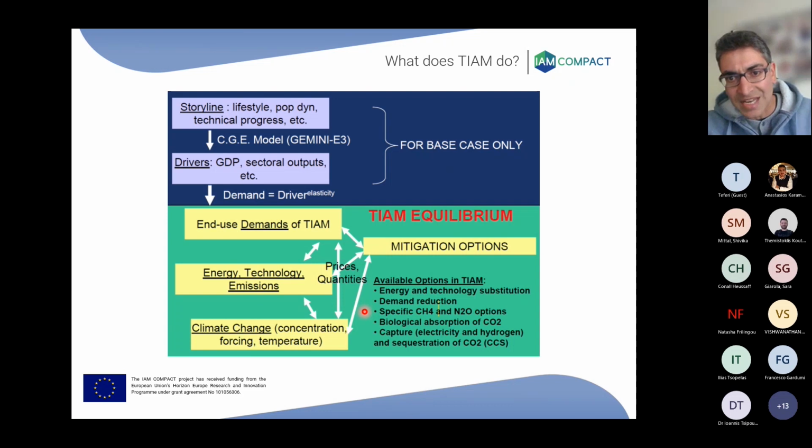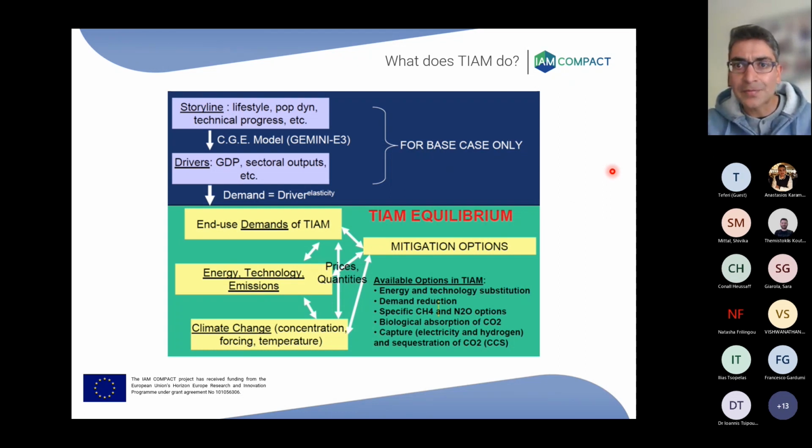We tend to couple TIAM, the energy system part, with other models which have more detailed representations of these other gases, although we are developing TIAM to have a better representation of these gases. We have sequestration of CO2 and biological absorption of CO2 as well.